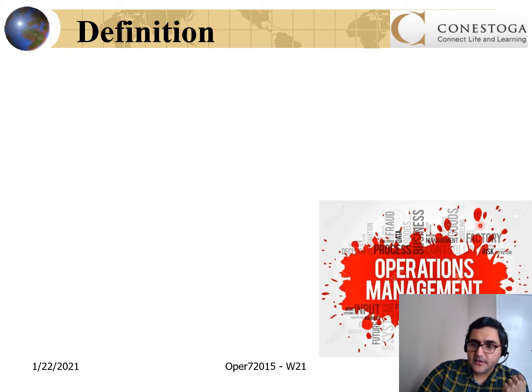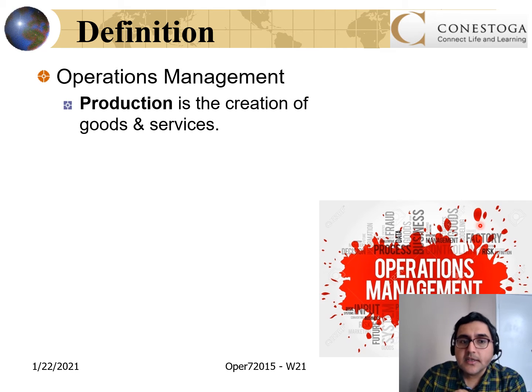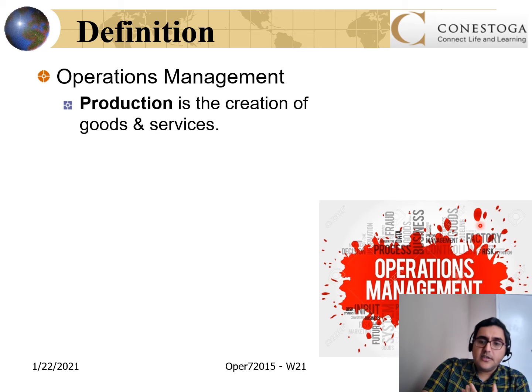So to start with the definition part of it, remember that normally when you hear the word operations management, in earlier days, so say for example before 2005, or 20 years back, people always used the word production management in the place of operations management, because when this particular technique was created, it was generally applied to the goods industry.